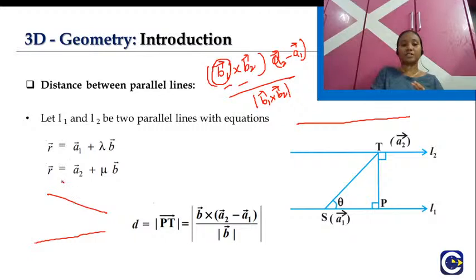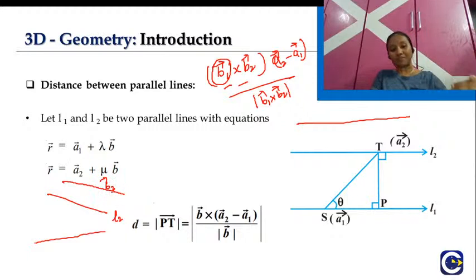If I take some vector here, this will be parallel to my L2, for example. So this is my B2 bar. If I take my B2 bar, this will obviously be parallel to L2 but not L1. So for L1, I have to take one more vector, parallel to my line L1, that is B1 bar.